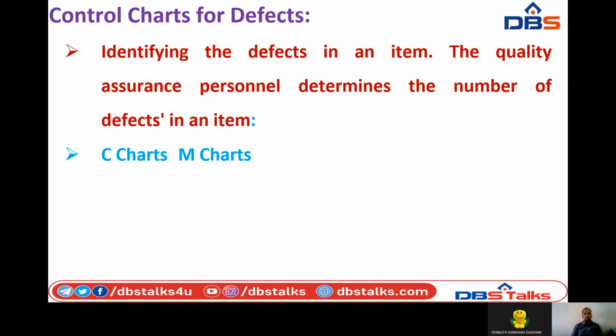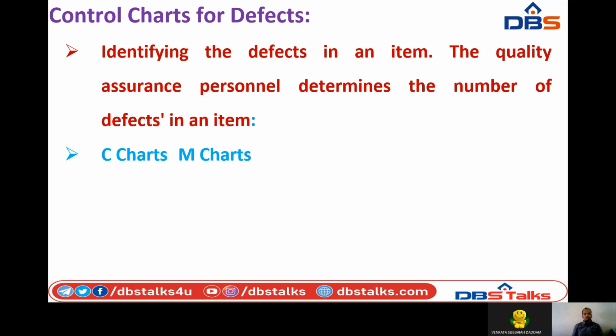So with these charts, the quality assurance personnel determine the number of defects in an item. We personally take care of the item to identify how many defects are present in the item.